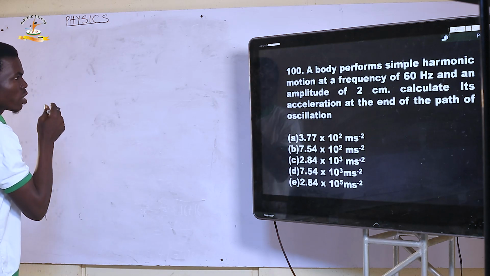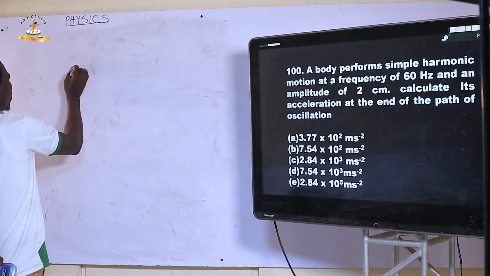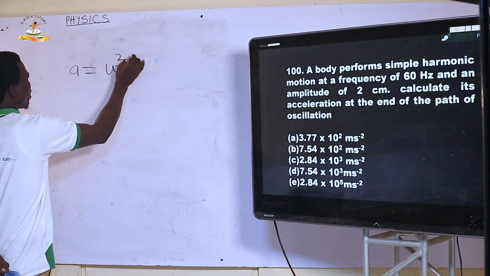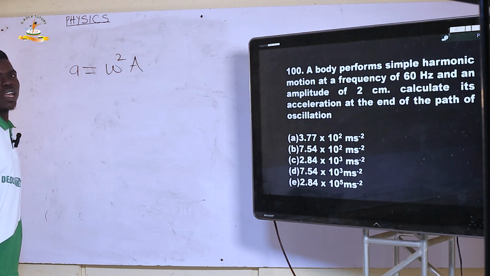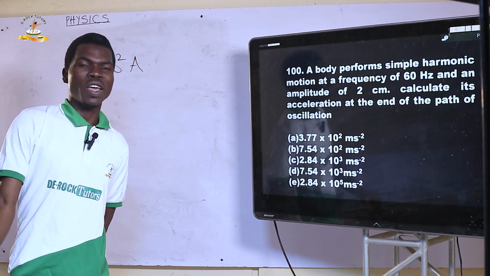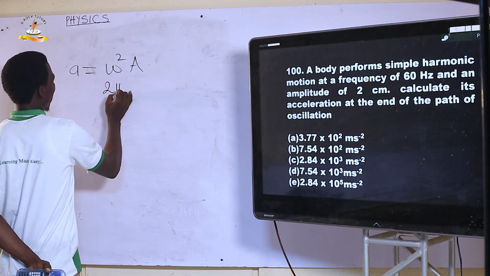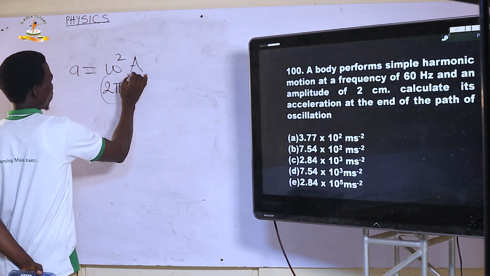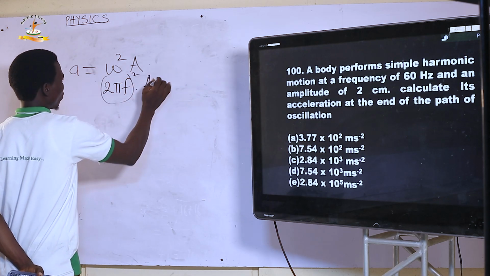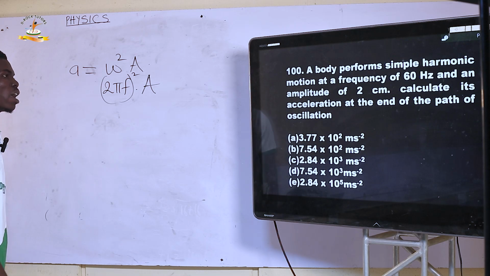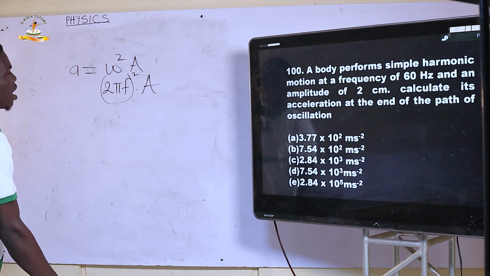However, we know that when the question has to do with acceleration, it is omega squared A, where omega is angular velocity. It is 2 pi f all squared times your amplitude.